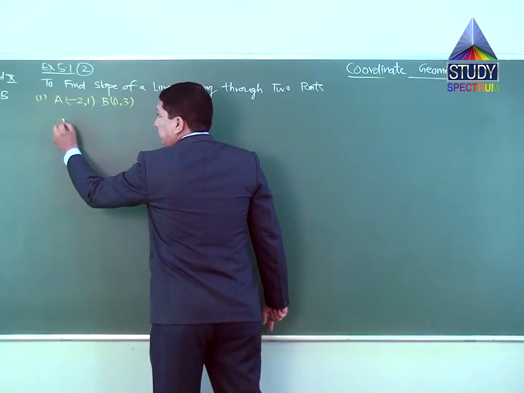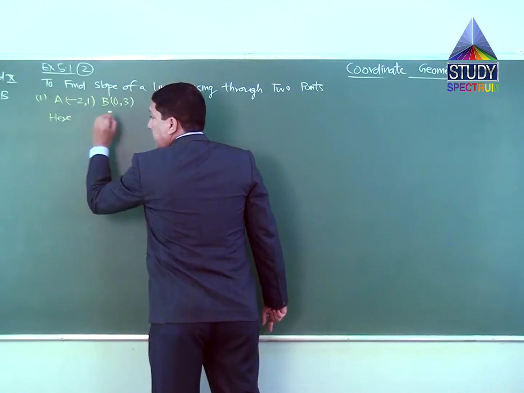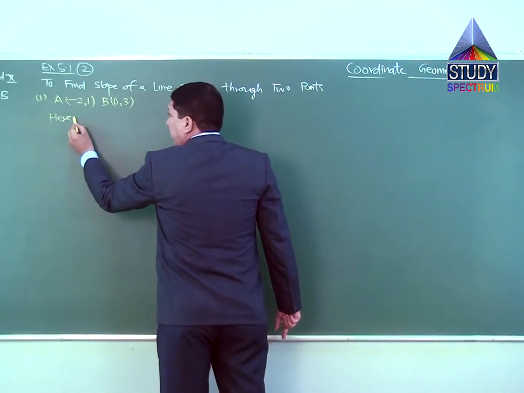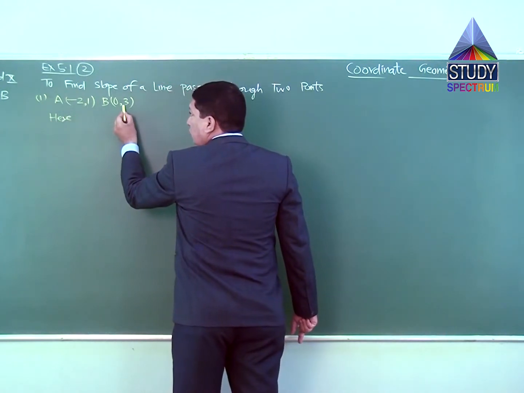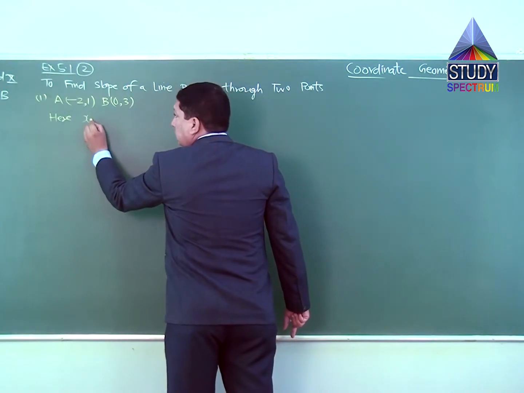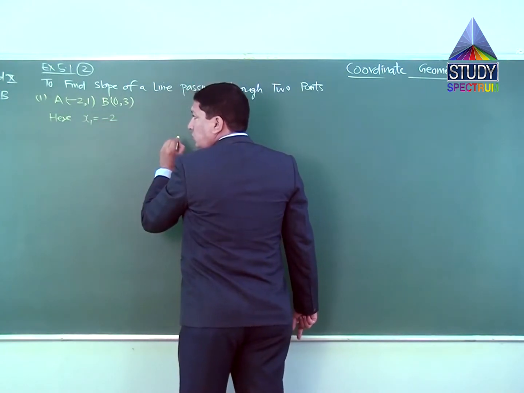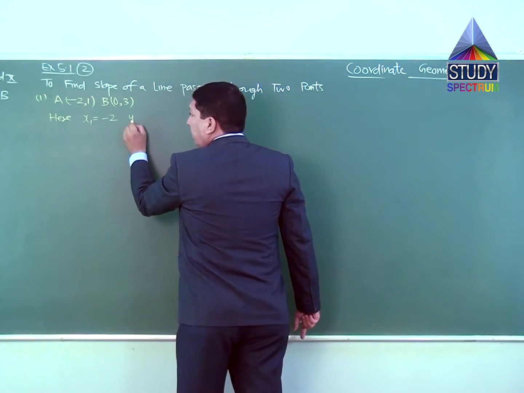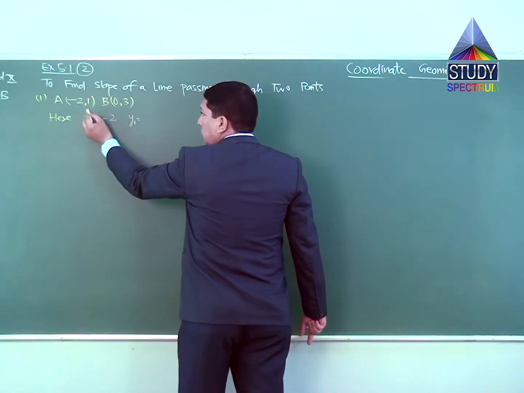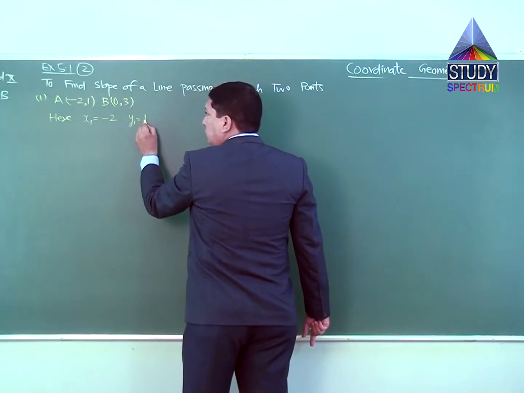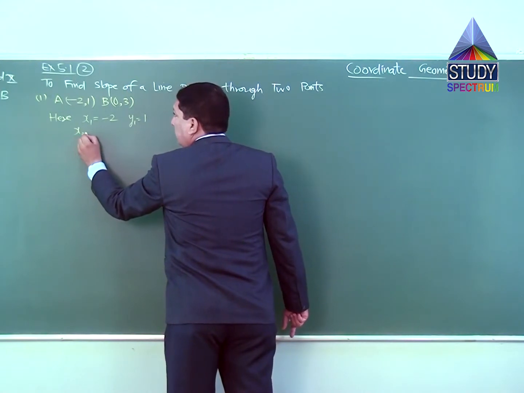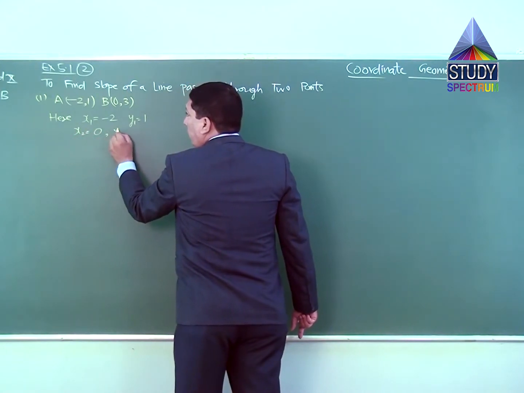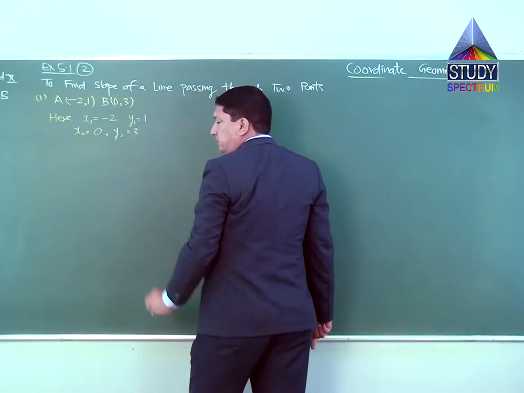So over here, if you take this as x1, y1, x2, y2, then x1 is equal to -2, y1 equals 1, x2 equals 0, y2 equals 3.